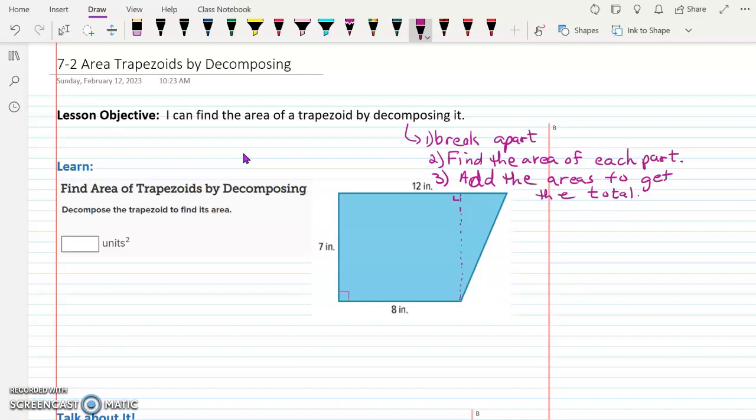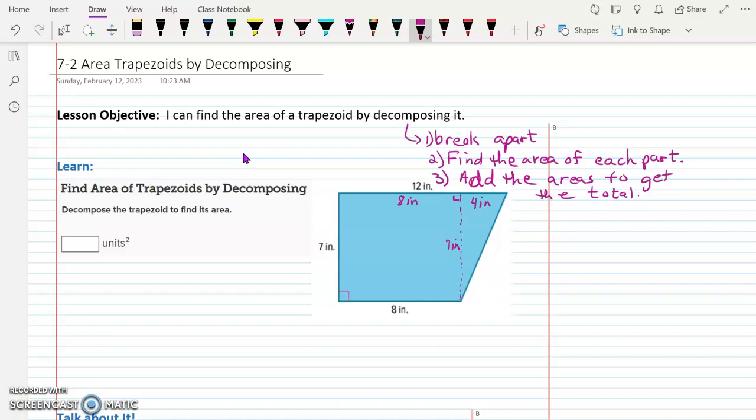So that would make this side of this rectangle 8 inches and this side also 8 inches because it's a rectangle. It would also mean that if this is 7 inches, this is also 7 inches. So what's the base of the triangle measure? Well, if the total measurement is 12, then this piece would have to be 4 inches.